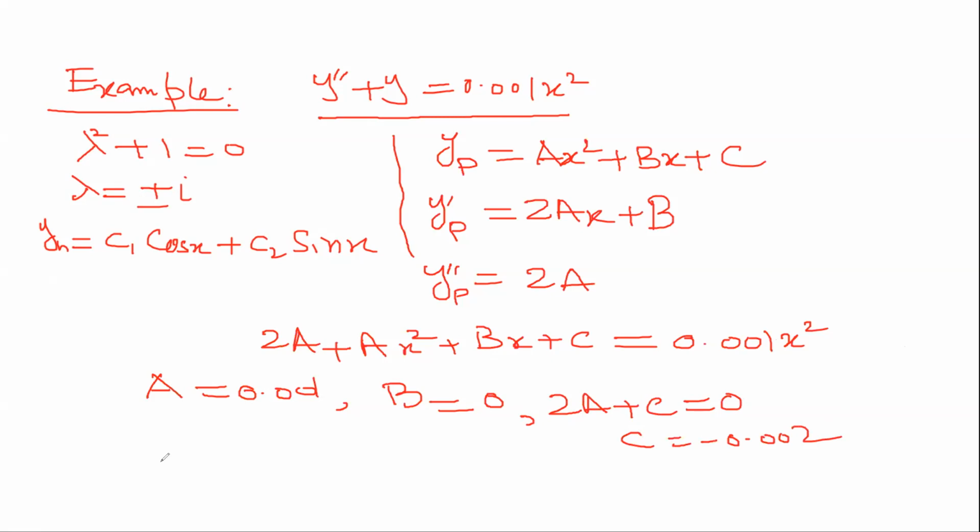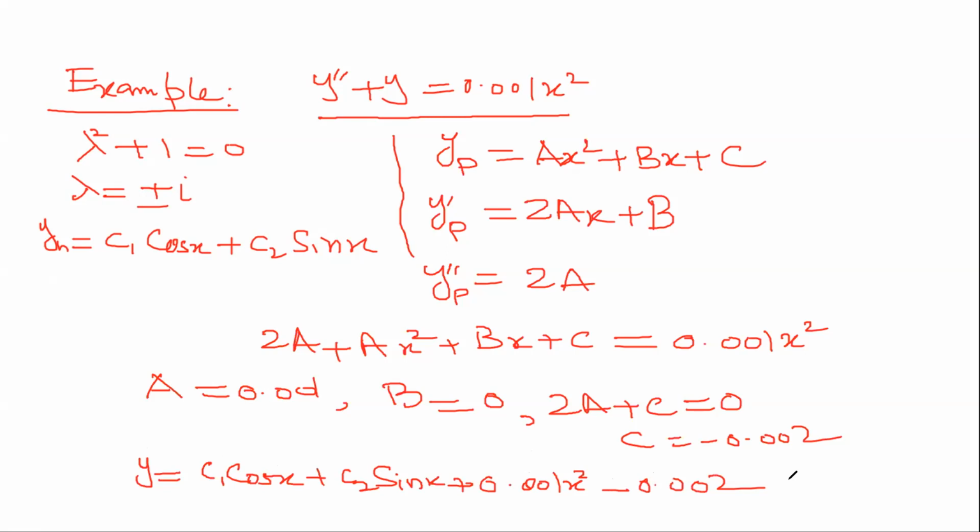So in this way, we can say that the overall general solution is C1 cosine of X plus C2 sine of X plus AX square. A is 0.001, so 0.001 X square, and B was 0, so there will be no X term, and the last term is C, minus 0.002.